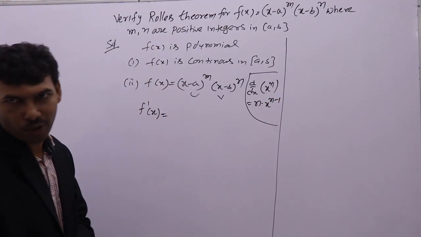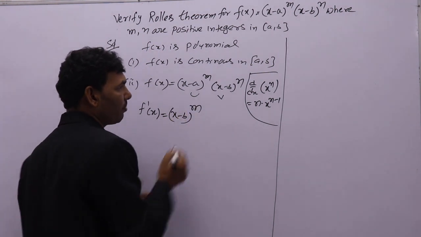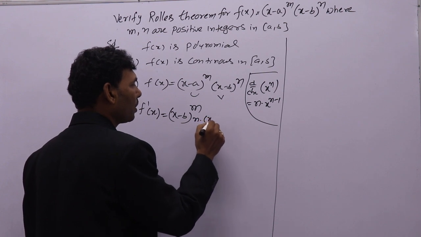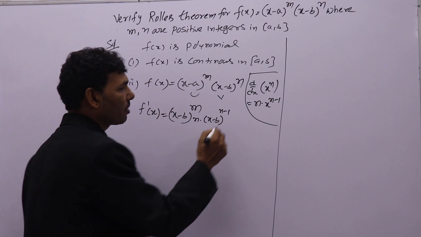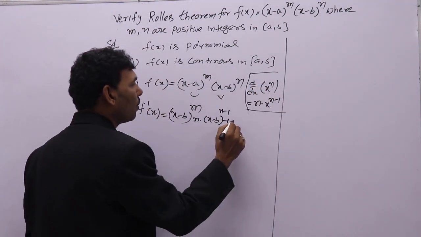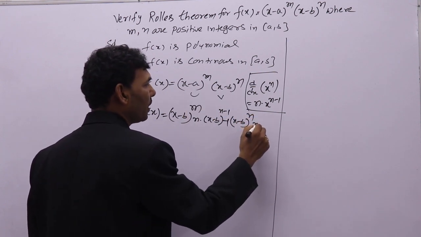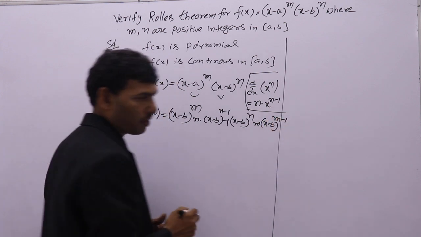That formula only I am going to use. X minus a whole power m into differentiation of x minus b whole power n, n into x minus b whole power n minus 1, using this, plus x minus b whole power n into differentiation of this one, m into x minus a whole power m minus 1.